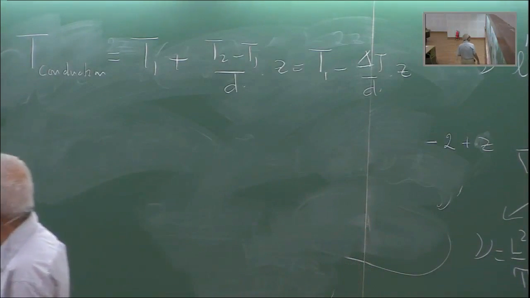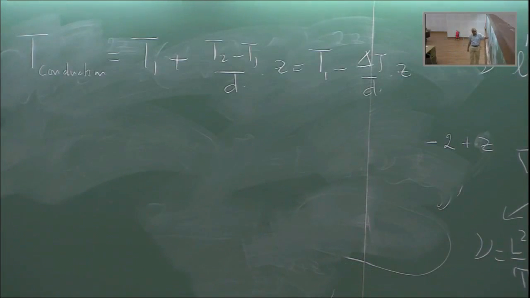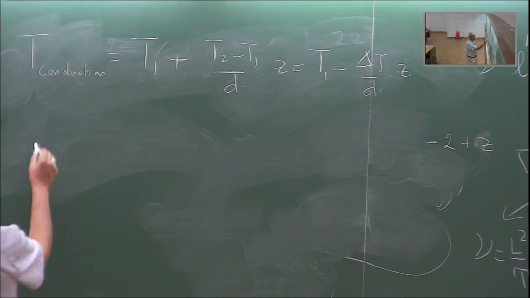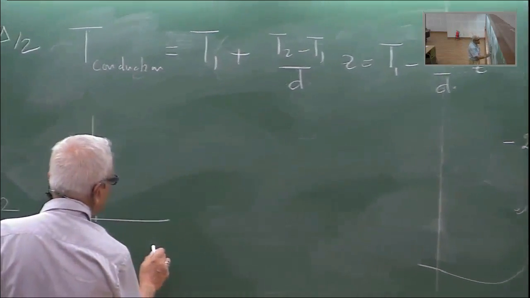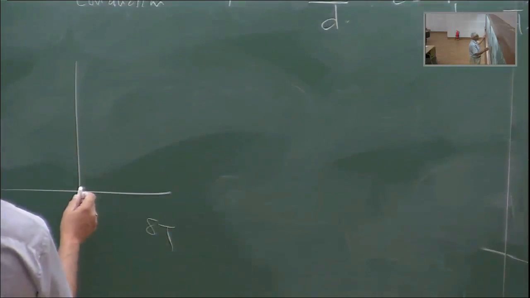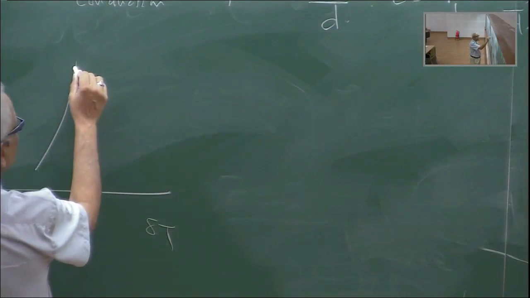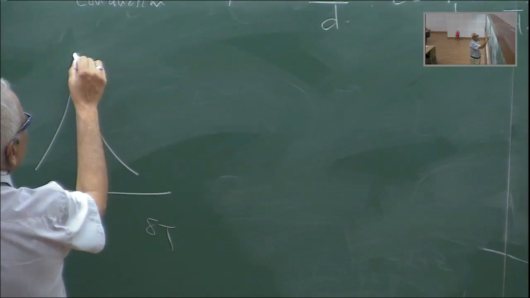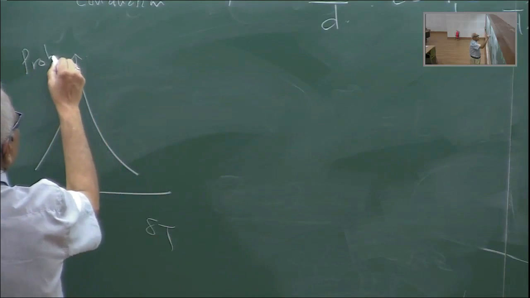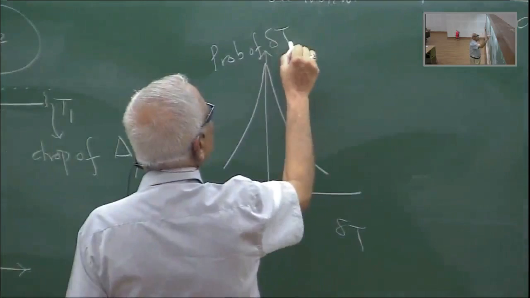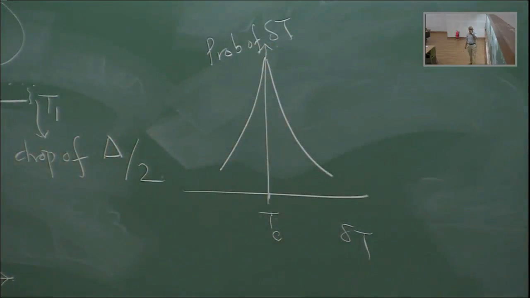Basically there is a fixed temperature in the center of the cell, let's call it T central, and the deviations delta T from it have a very sharp fall off. So the probability of a deviation delta T has an extremely sharp fall off.